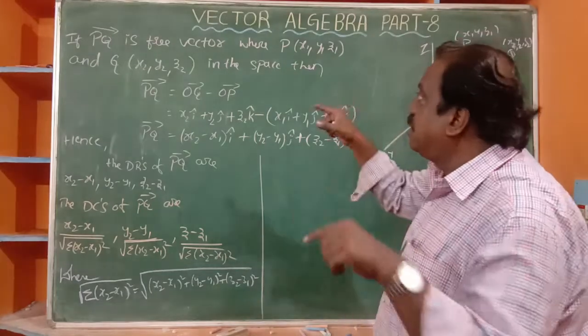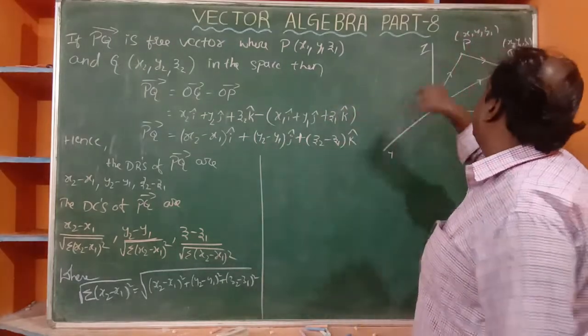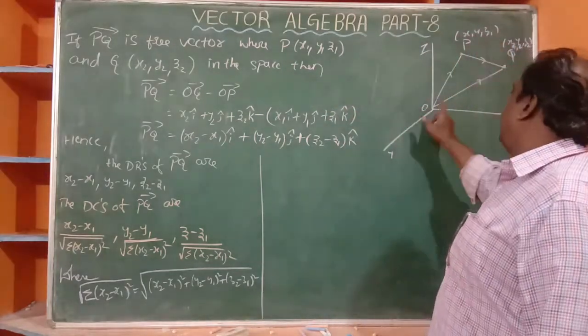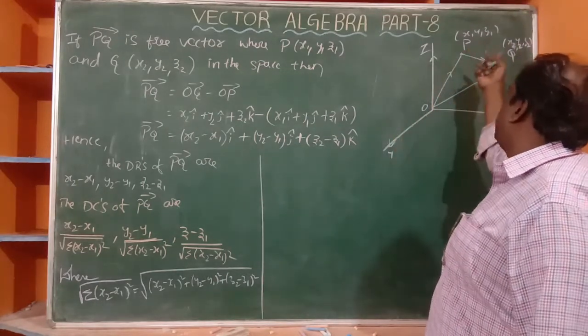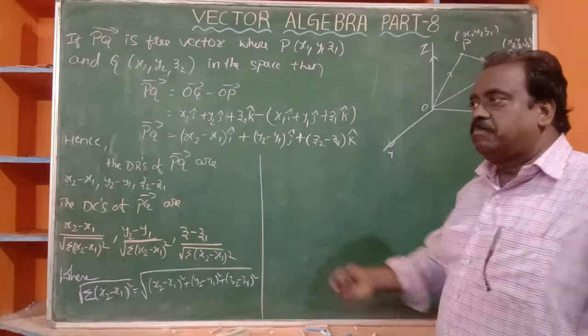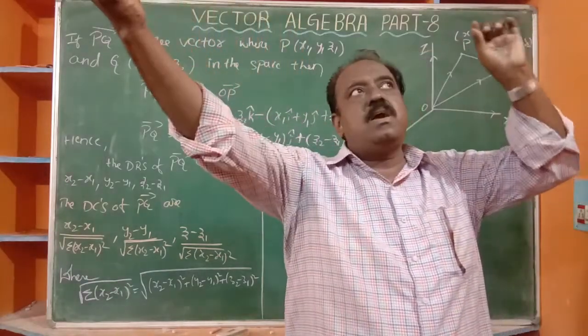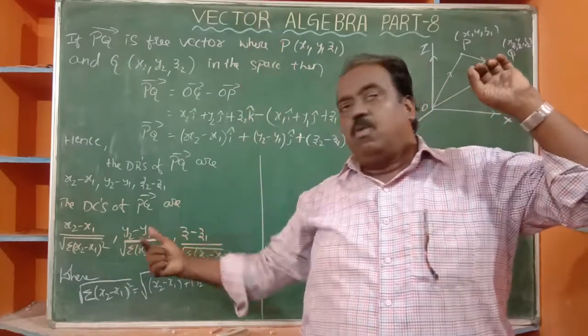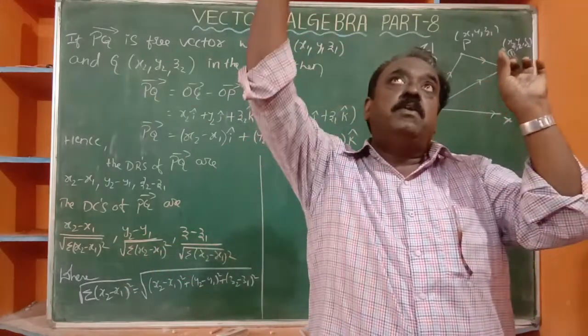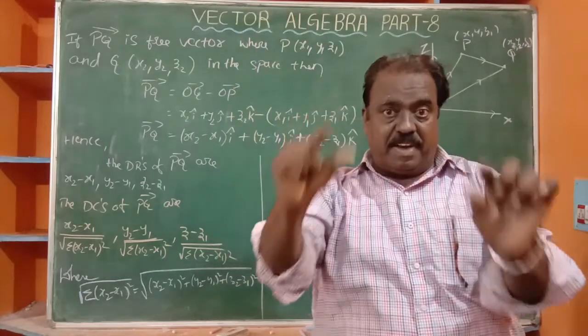But now, in this 8th part, we are discussing a free vector. Horizon, x-axis, y-axis, z-axis, okay. There are 2 points, P and Q. OP bar is a position vector of course, OQ bar is a position vector. Then what about PQ bar? PQ bar is a free vector.